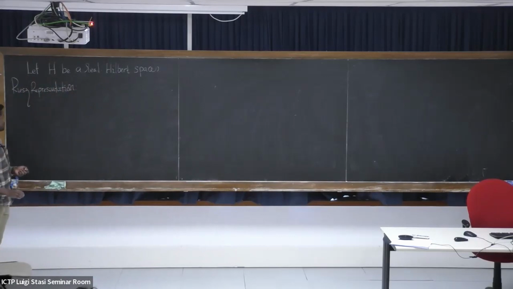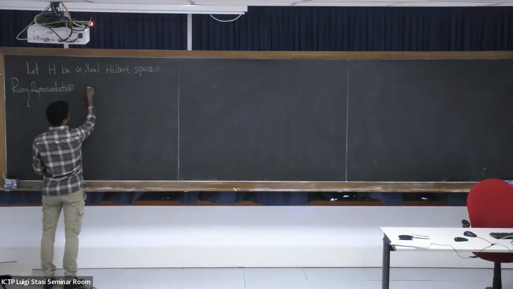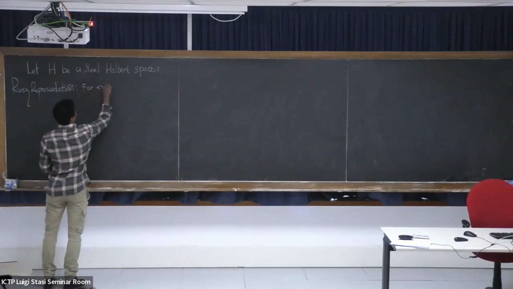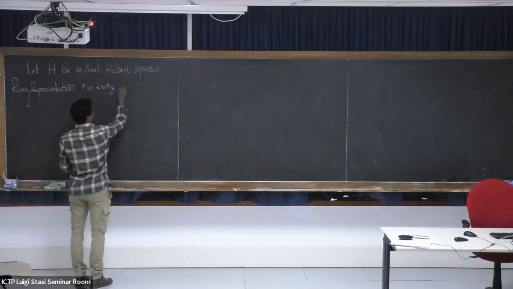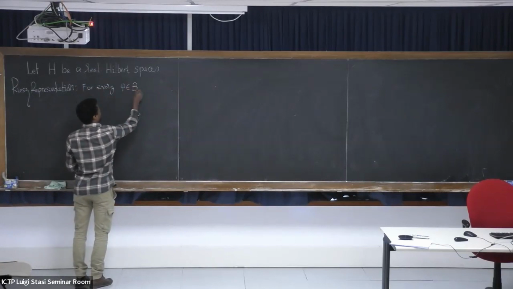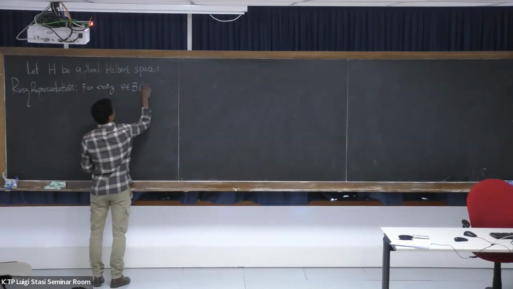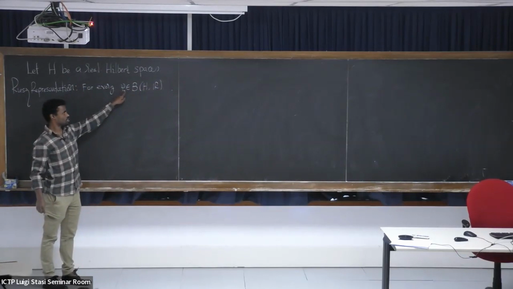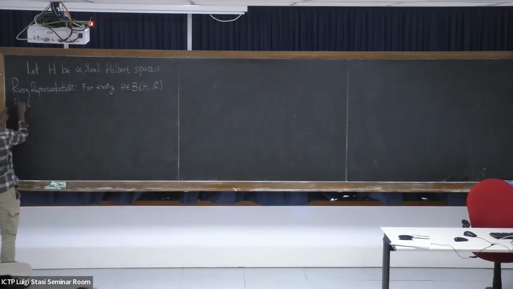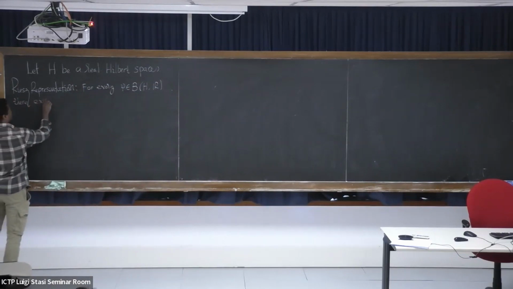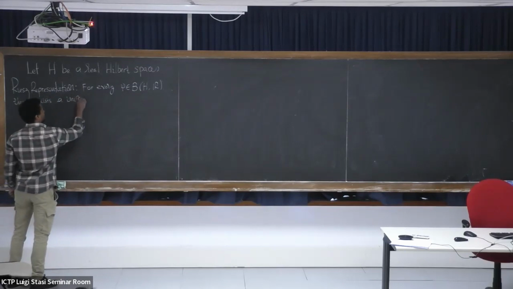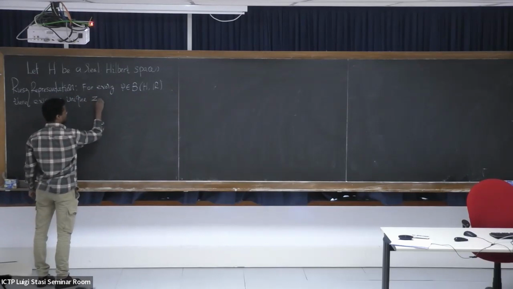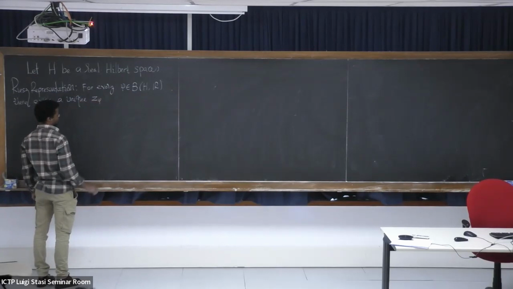This is a very important concept. If H is a Hilbert space, for any bounded linear functional on H, there exists a unique element in H. This element depends on the functional phi.